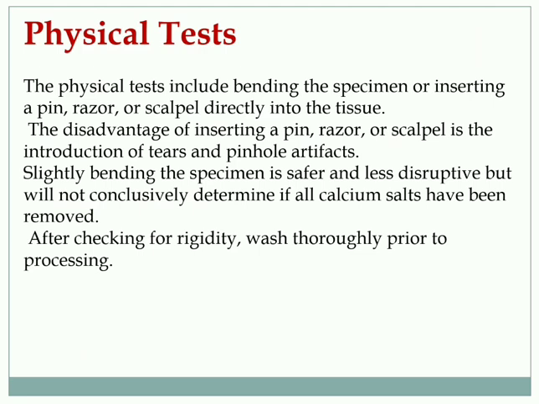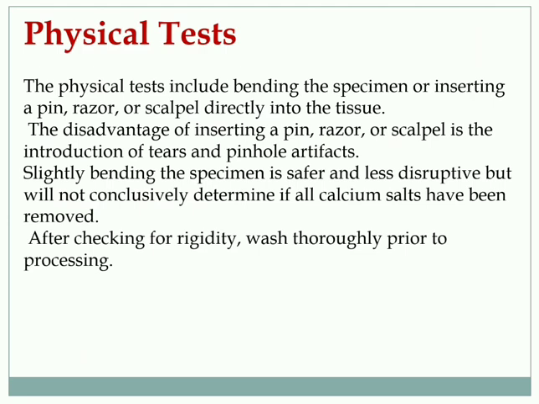Physical test. The physical tests include bending the specimen or inserting a pin, razor or scalpel directly into the decalcified tissue. The disadvantage of this physical test is that it may result in tearing of the tissues and making pinhole artifacts.